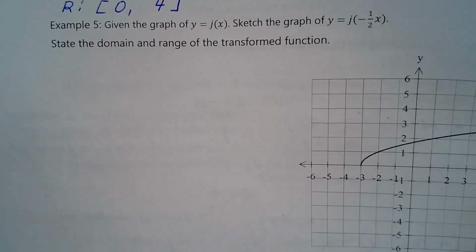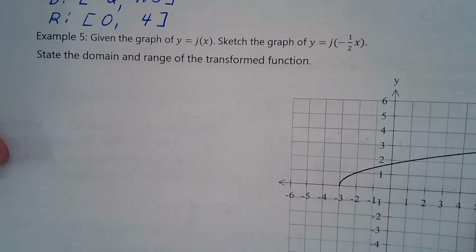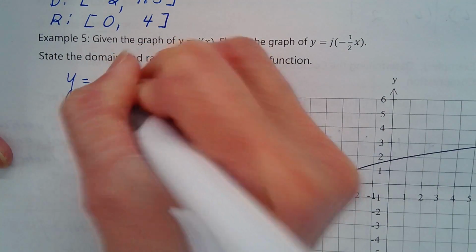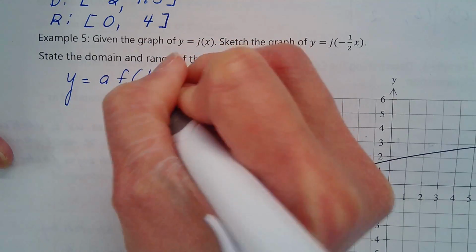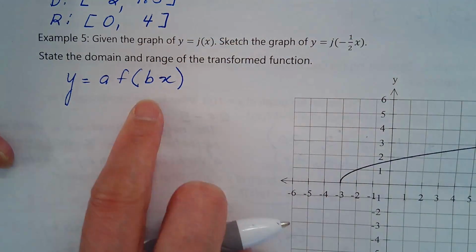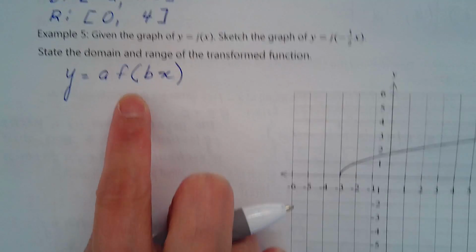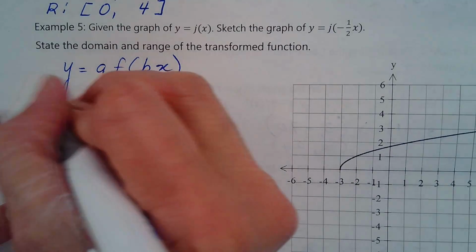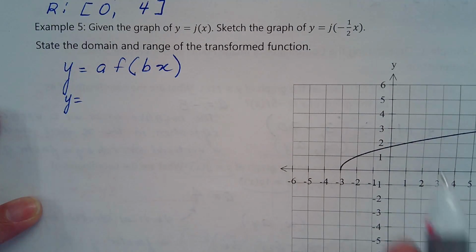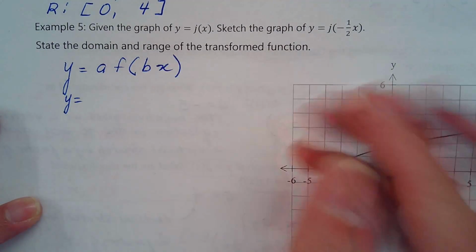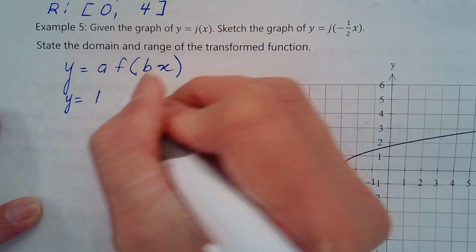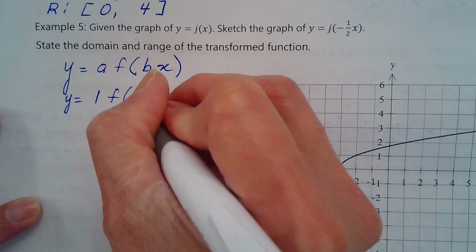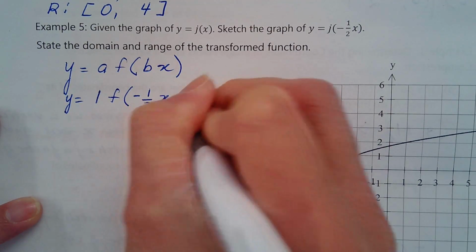Okay, next one. Let's see what's going on with this one. y equals a times f of bx. I keep writing this down so that we get familiar with it, just like what we did with horizontal and vertical. So what's the A value? The A would be 1. F of, what's the B value? -1/2 x.